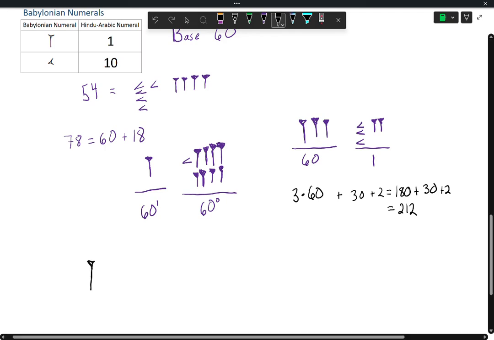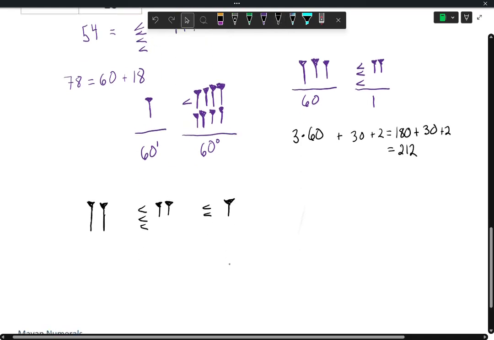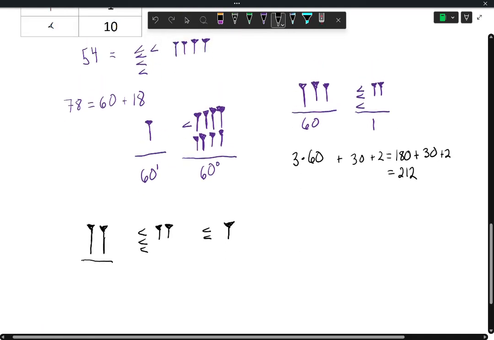So let's say I start with this. What's going on here? Well, I have 3 place values.